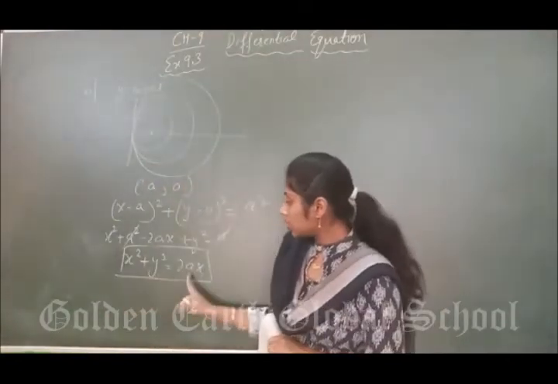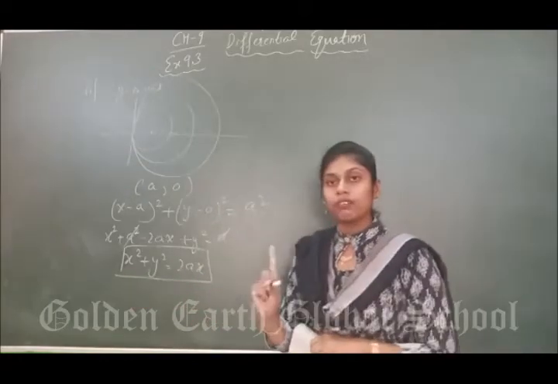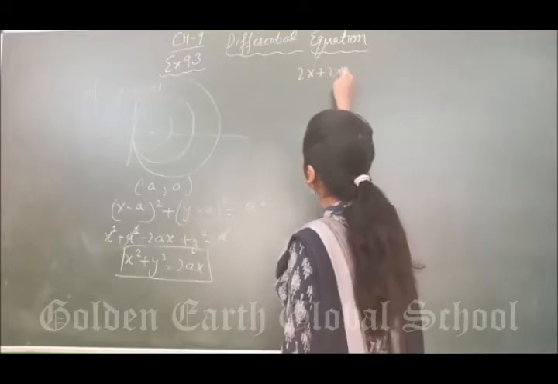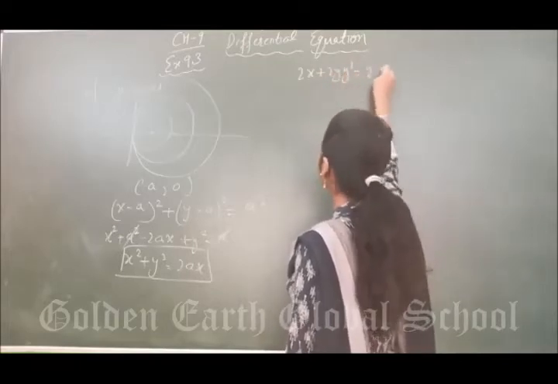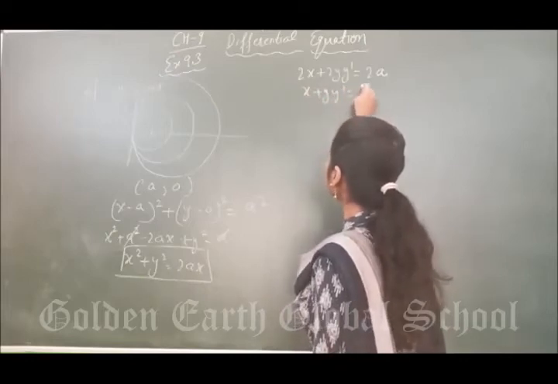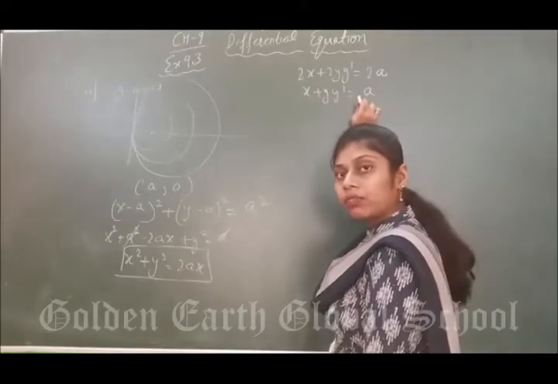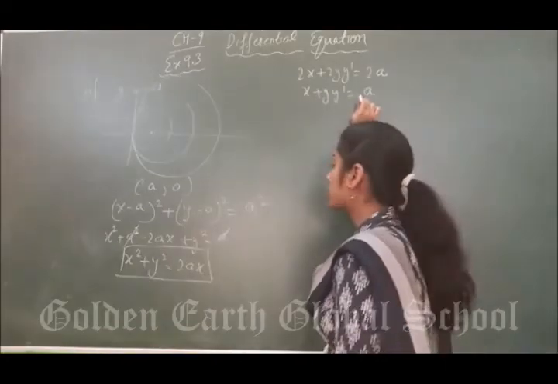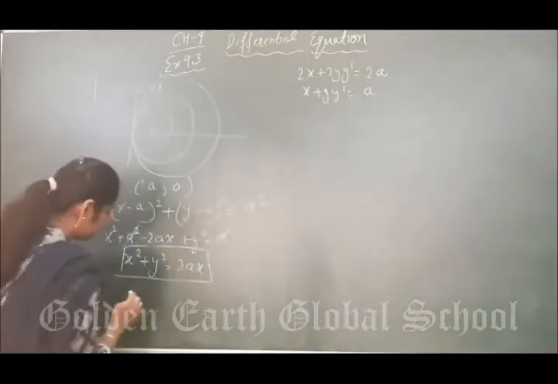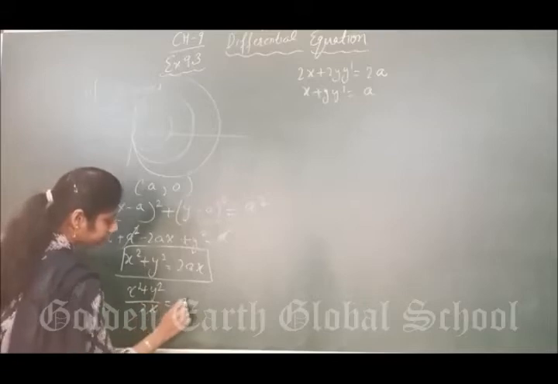See, in this equation there is only one constant, that is a. So we have to take only the first derivative. Take its derivative: 2x plus 2y y dash equals 2a. Divide by 2: x plus y y dash equals a. This contains a, but we have to eliminate this constant. Find the value of a from the equation: x square plus y square upon 2x.